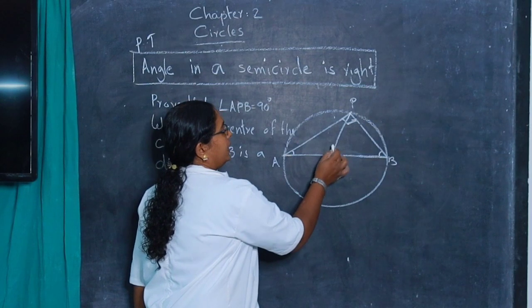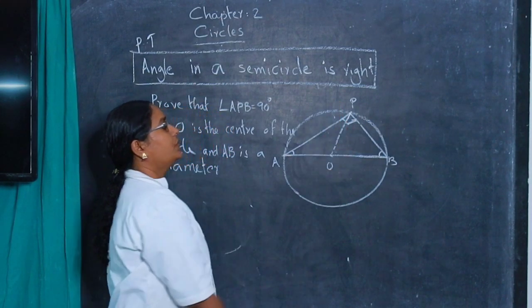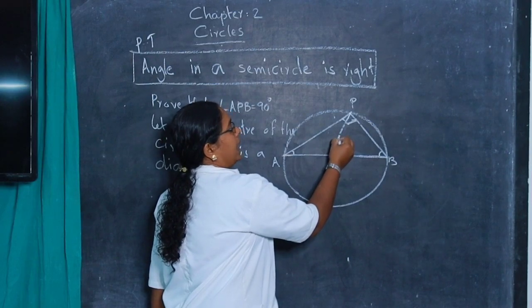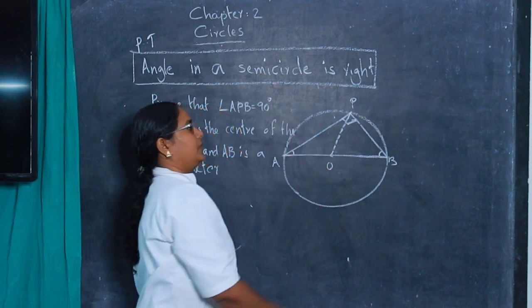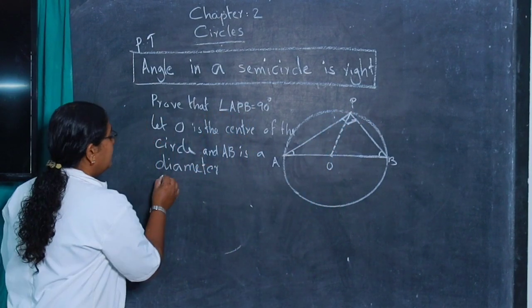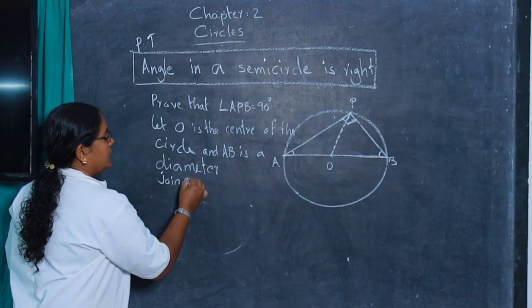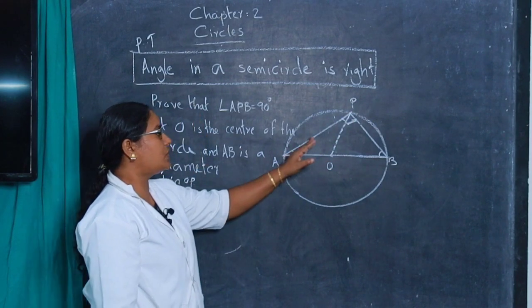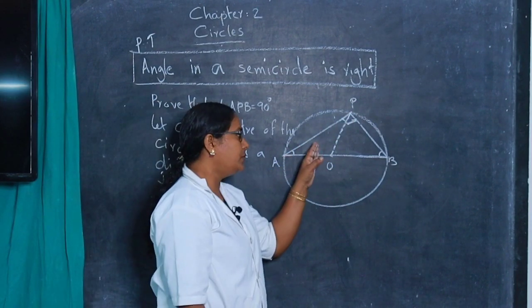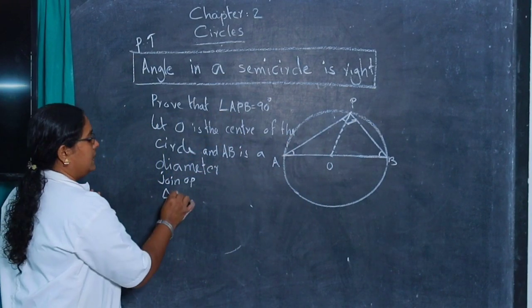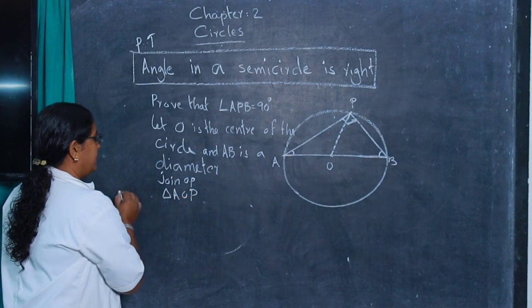Now I join a line from the center to P. Join OP. This is the construction. Therefore, we get two triangles. The first triangle is AOP.